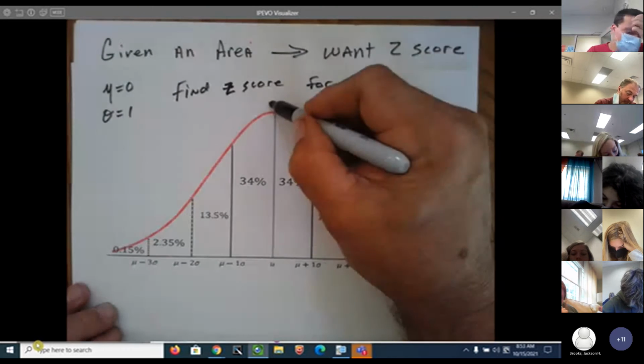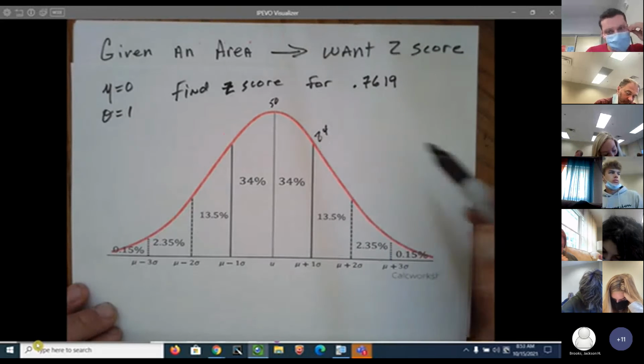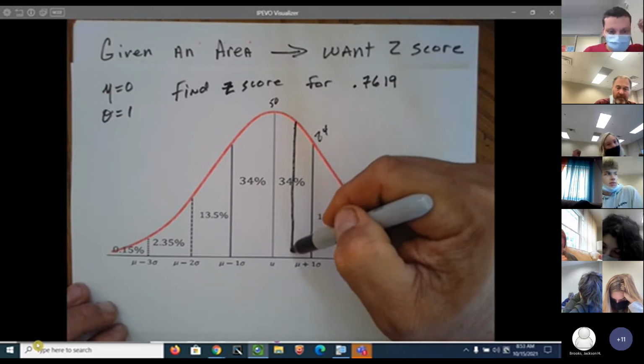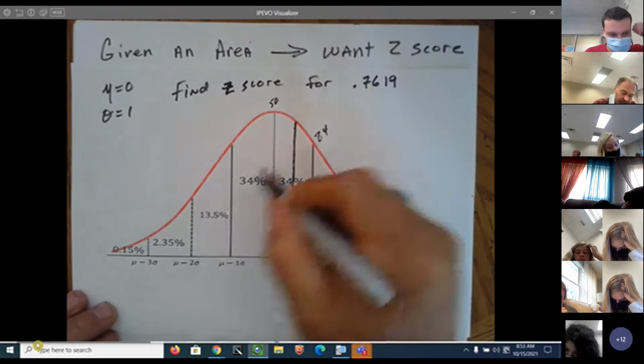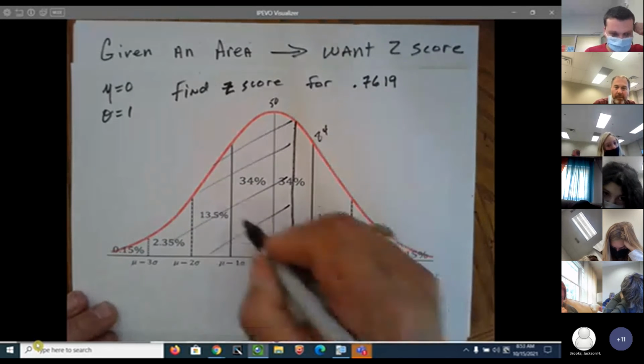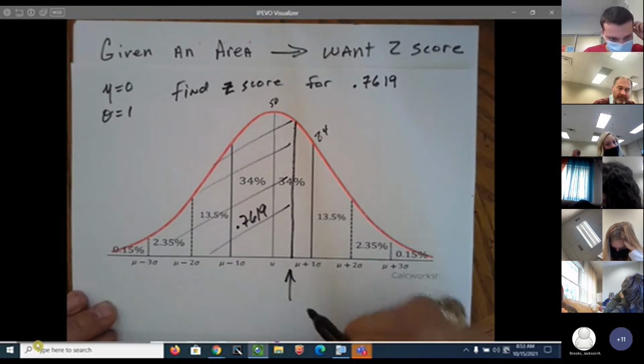Now this is 50%. This is 84%. So 76 will be somewhere in here. So all of this over here, 0.7619. So we don't have a z-score.